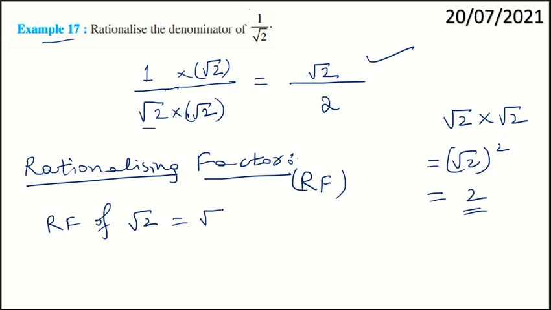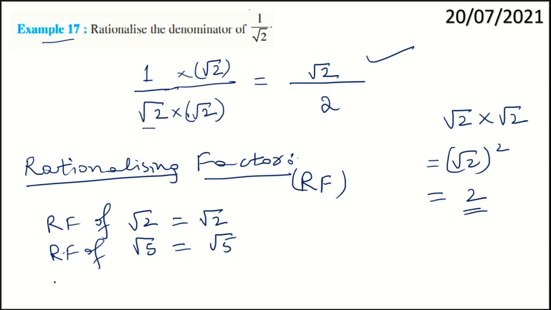Rationalizing factor of root 2 is root 2 itself. Now what is the rationalizing factor of root 5? It is root 5 only. That means whenever root 5 is multiplied by root 5 it gives a rational product, that is 5.